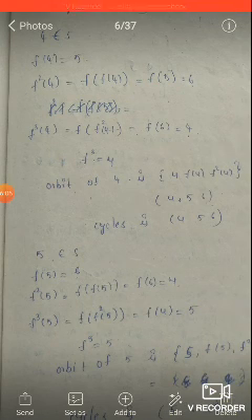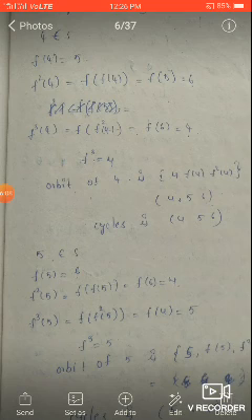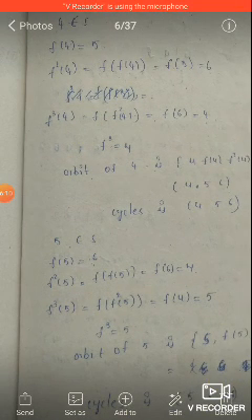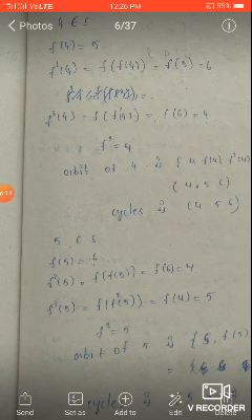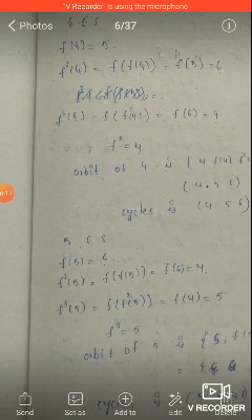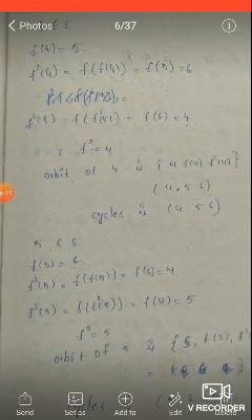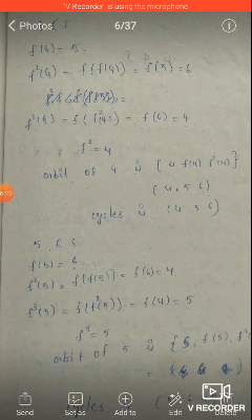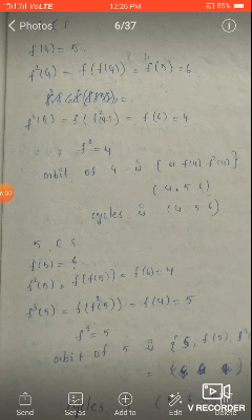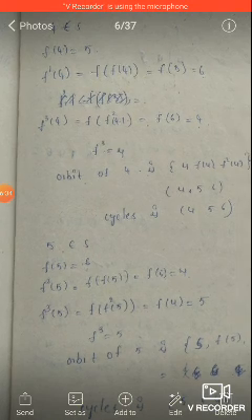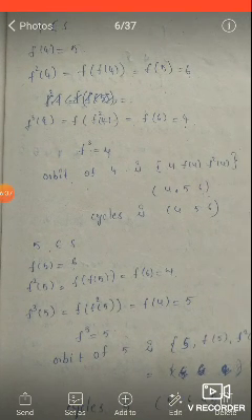5 belongs to S. f(5) is 6. f square of 5 is f(f(5)), f(5) is 6, f(6) is equal to 4. Now another step: f cube of 5 is f(f square of 5), which is f(4), and f(4) is 5, so f cube of 5 is equal to 5.